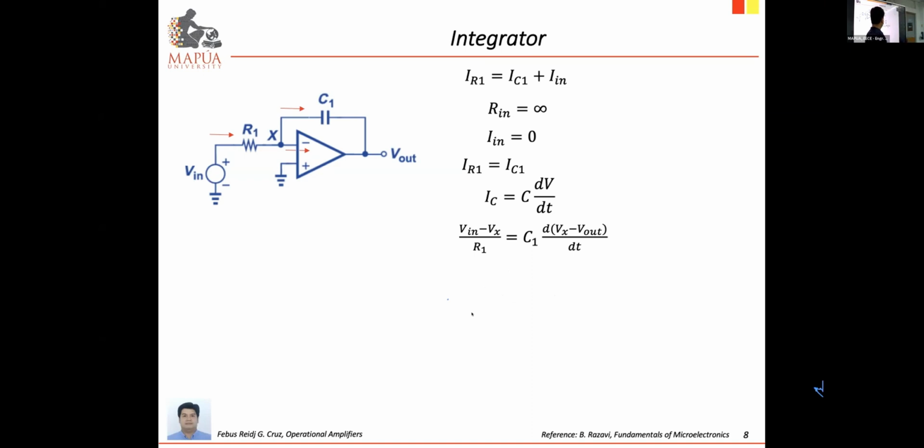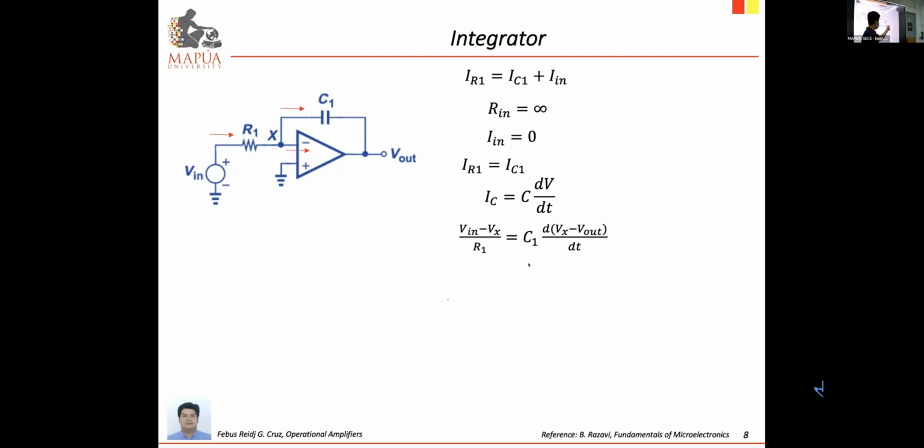Yes. All right, so following this, current through resistor 1 plus Vin minus voltage at node X is 0, right? So you have Vin minus Vx over R1. Then current along capacitor, following this, you have capacitor C1 multiplied by voltage across the capacitor, Vx minus Vout.